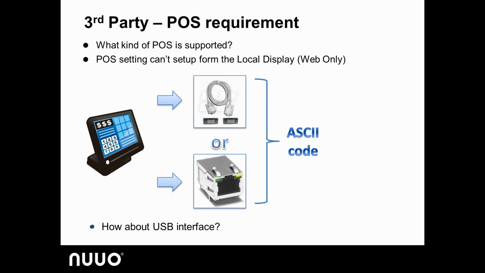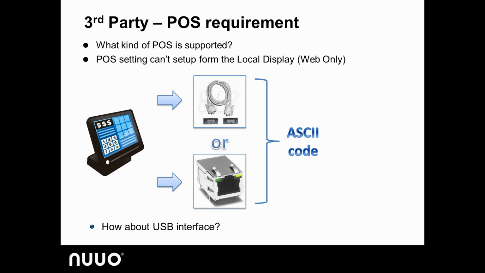But if you want to use the RS-232 connection, the user has to buy another C31A as the signal converter to convert the metadata from analog to digital. Also, there are a few limitations of the POS machine.